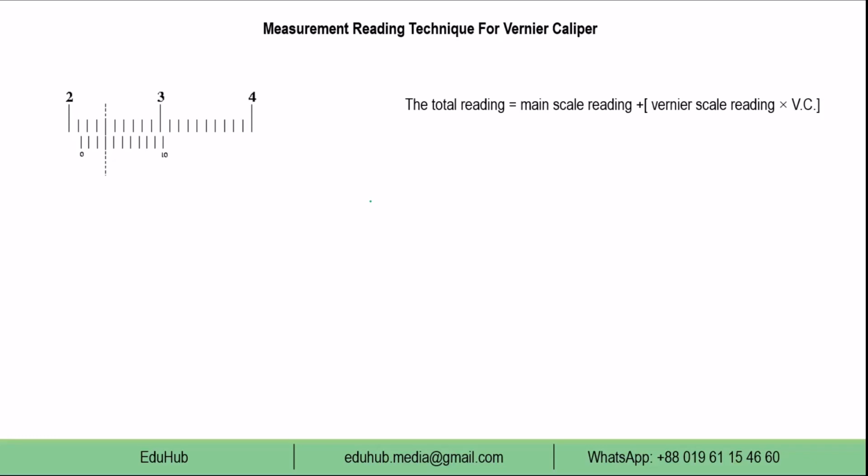So we have to always check which number is immediate left of the zero on the Vernier scale. That number is the main scale reading. Here it is 2.1. So we can write the main scale reading is 2.1.